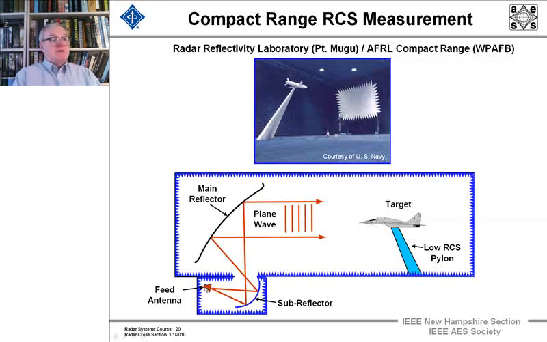They'll have a feed antenna sending out the beam to a subreflector and then coming up to the main reflector, which is shaped so that a plane wave will come out of it and impinge on the target. And then the data will come back and be received so that one will be able to calculate the scattered electromagnetic field as the target is rotated.